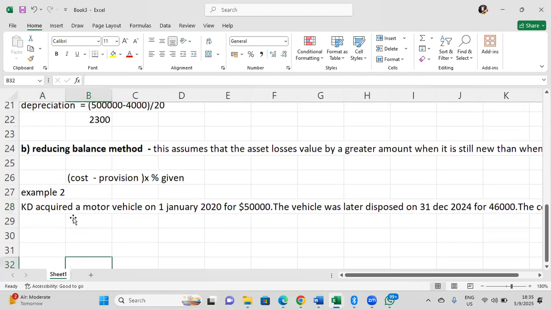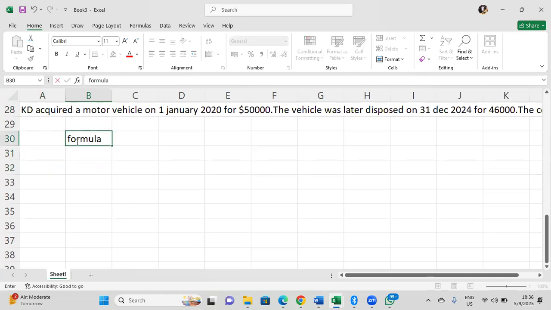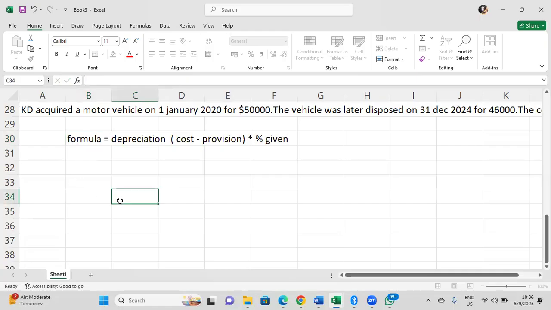So how then do we work it out? Remember our formula. Depreciation is equal to cost minus provision, times the percentage given.